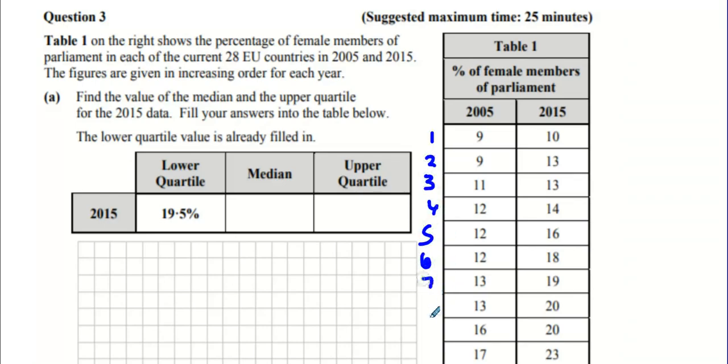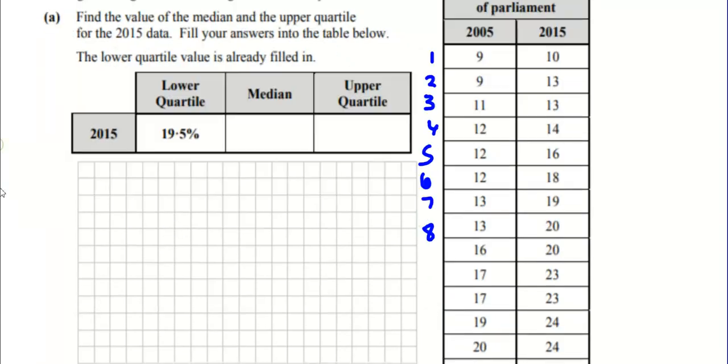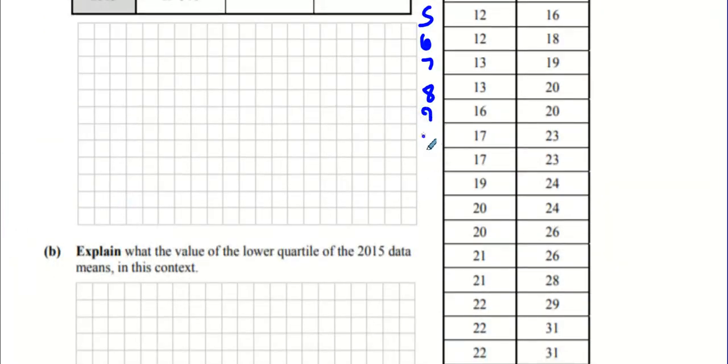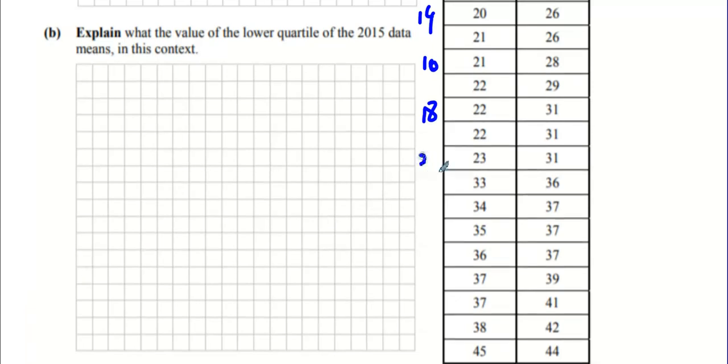It doesn't necessarily have them ordered. Alright, now just skip up in 2s to count this a bit quicker. Should be 28 in total, which to me is a lot of numbers. All right, there is 28 countries in total.